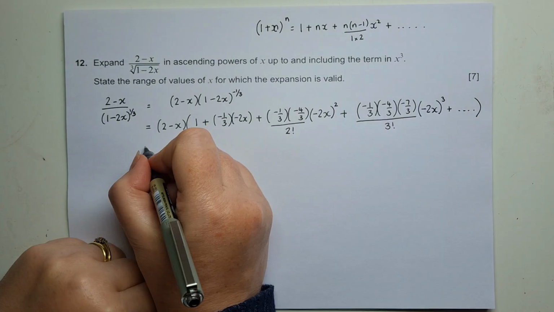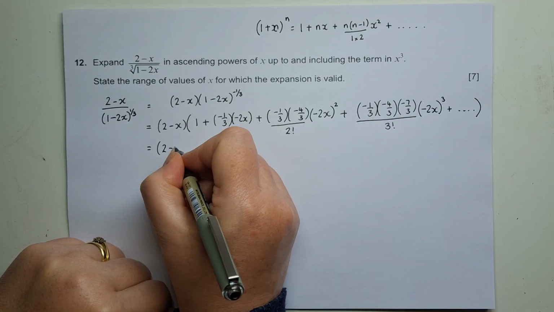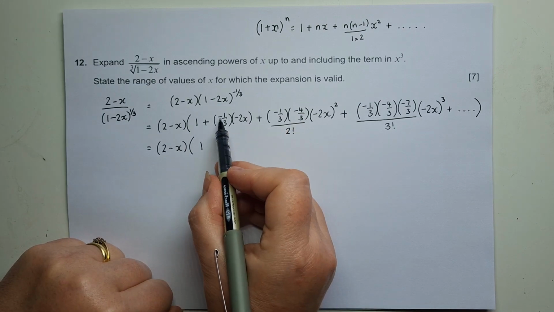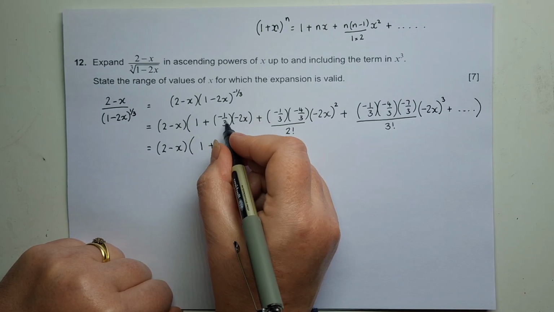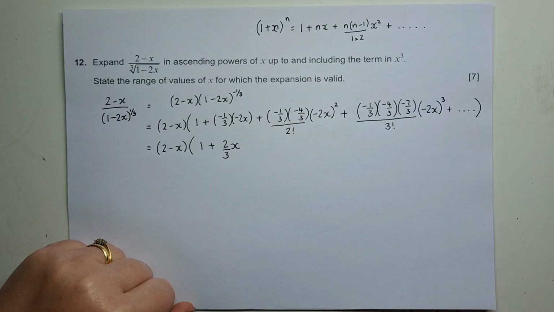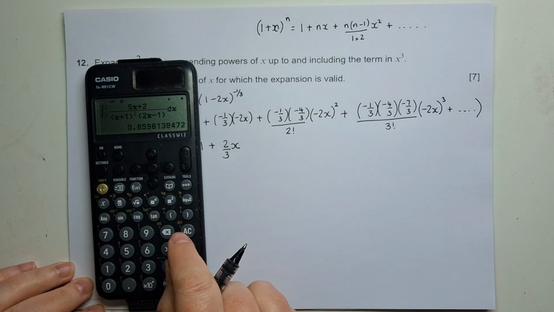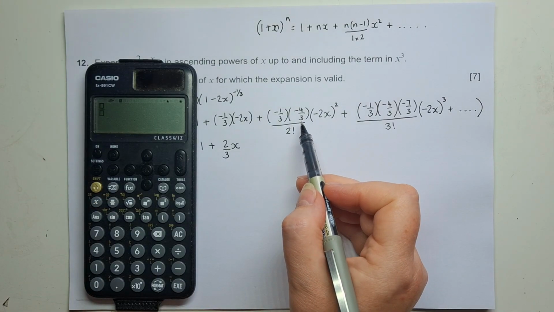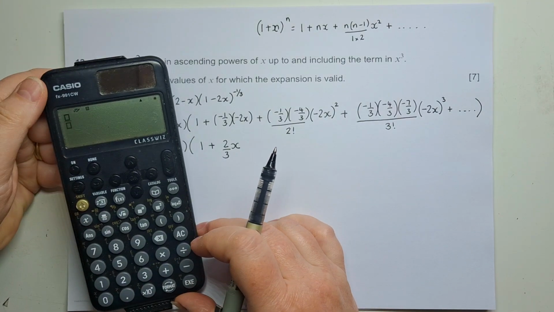Okay, so now we just have to work out these terms, and we'll just do it on the calculator when we get to those. Minus times minus makes plus, so that is 2x over 3. I find the simplest way to input all this into the calculator is to start with a fraction.